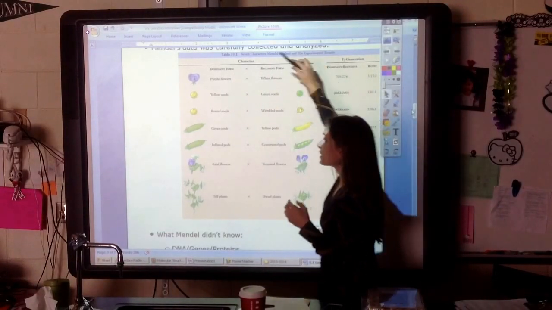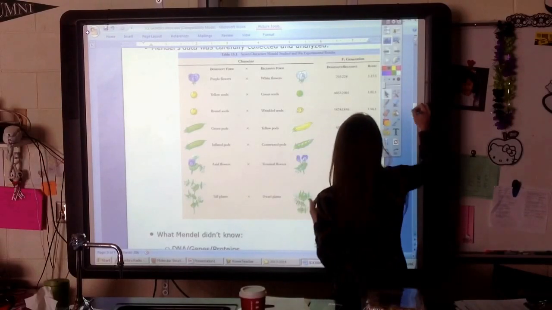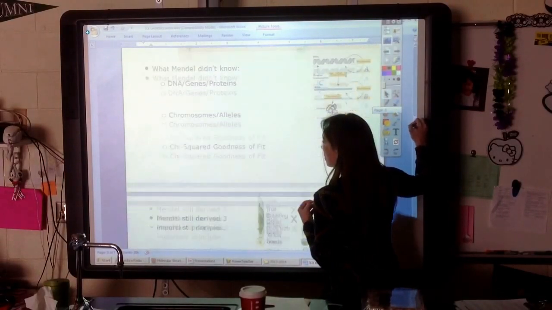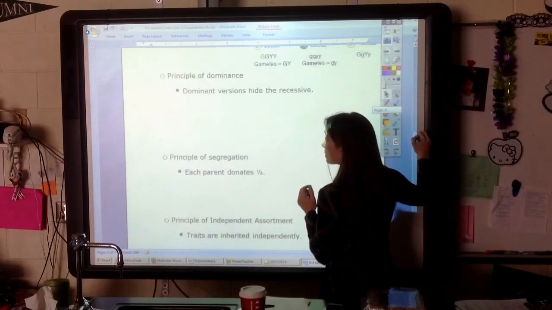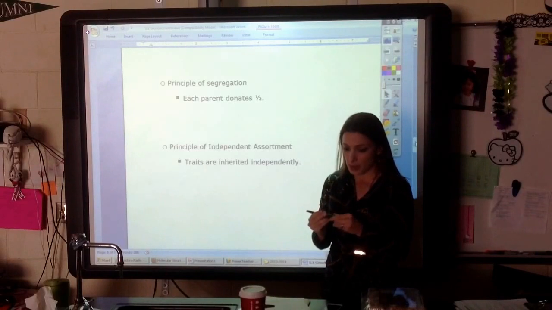And by examining this model organism, the pea, Mendel was able to come up with three main principles: the principle of dominance, the principle of segregation, and the principle of independent assortment.